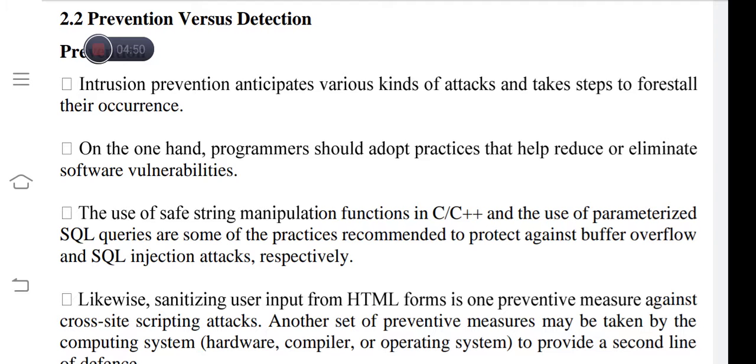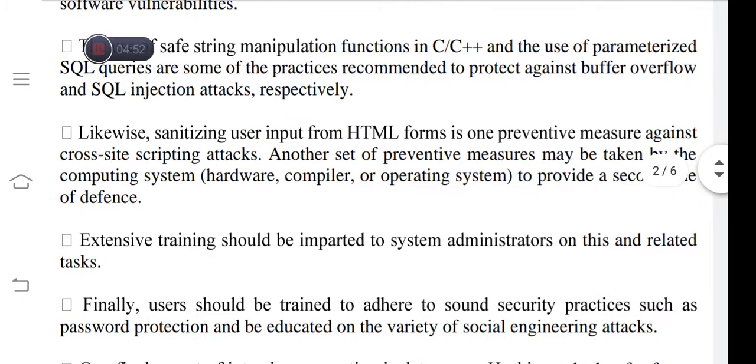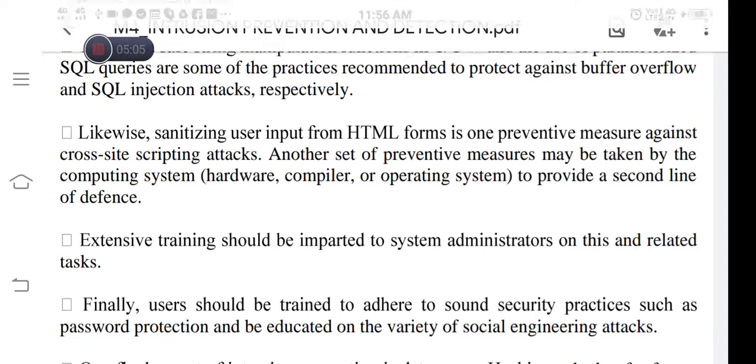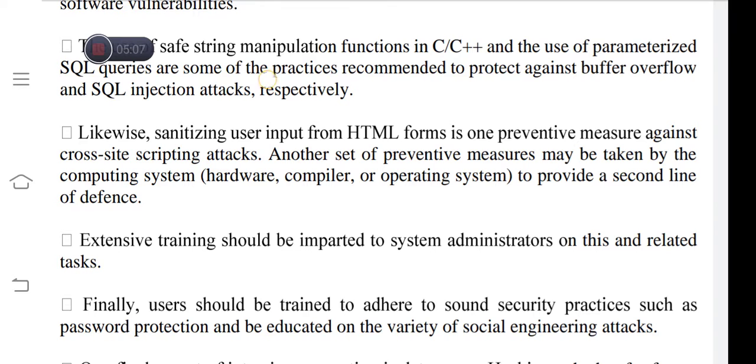Likewise, sanitizing the user input from HTML forms is one more preventive measure against cross-site scripting attacks. With respect to these points, I will give you examples in the Google class.